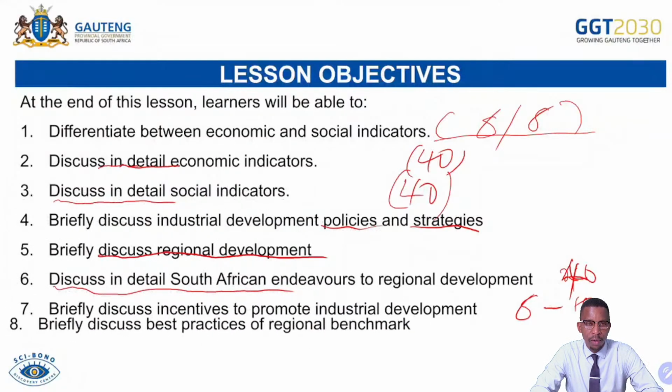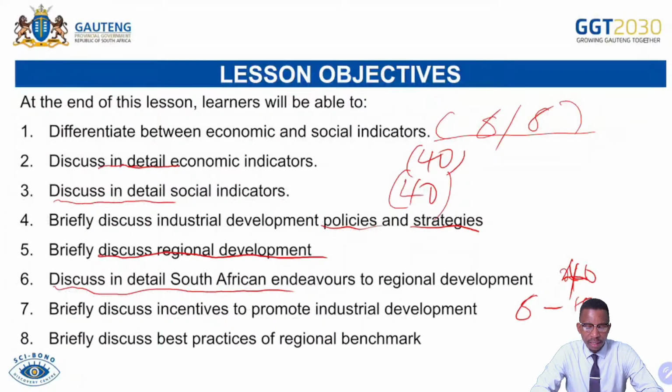And the last one will be briefly discuss the best practice of regional benchmark. Also, these can move from 1 mark up to 10 marks. In this situation, you can be given a chance to mention any 2 that will give you 2 marks, or identify if it's a data response. It can also be 4 if you have to answer the immediately higher order question.